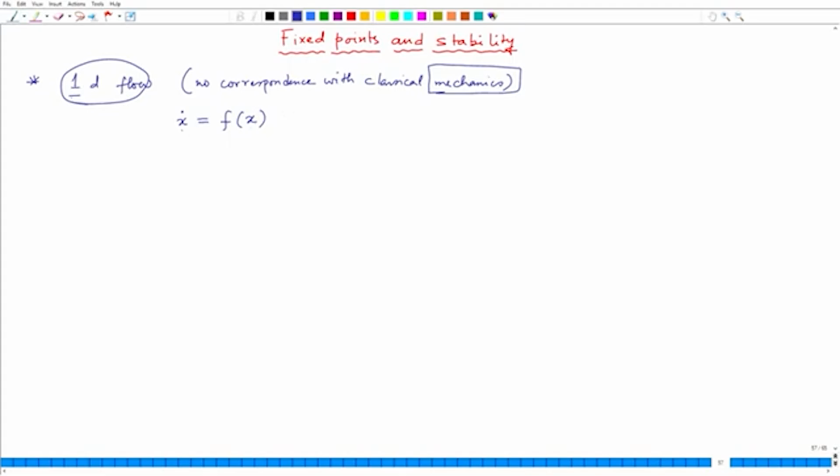So, x dot equal to f of x, f is a function of x. This is the only single law of dynamics for this system, which is not necessarily a classical mechanical system.